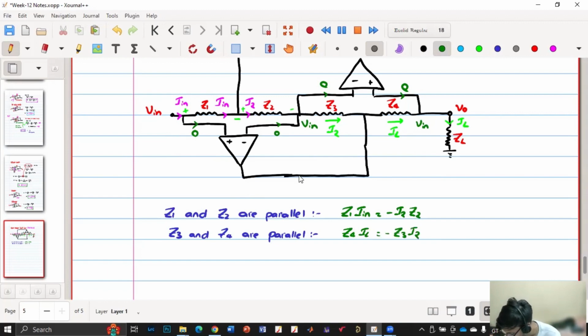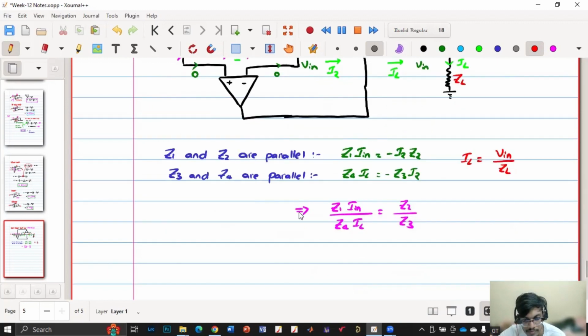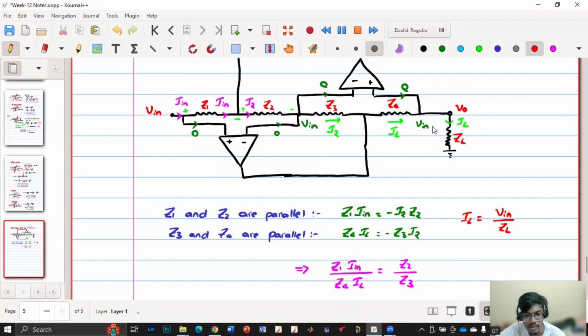Now, if you divide these two, we will get Z1 I in by Z4 IL is equal to Z2 upon Z3. Now, what is IL here? IL is nothing but V naught by ZL, or V in by ZL, right? Because V naught equals V in. Agree?